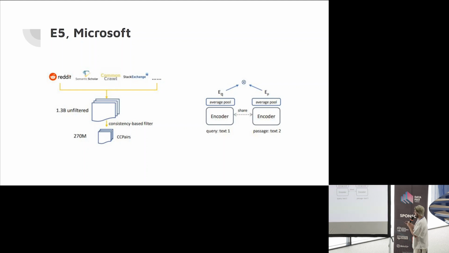So they ended up randomly flipping the places of query and passage, and that improved the performance of this E5 model. There are a lot of variations of this E5. They trained E5 multilingual and different sizes. So this is one of the best models.